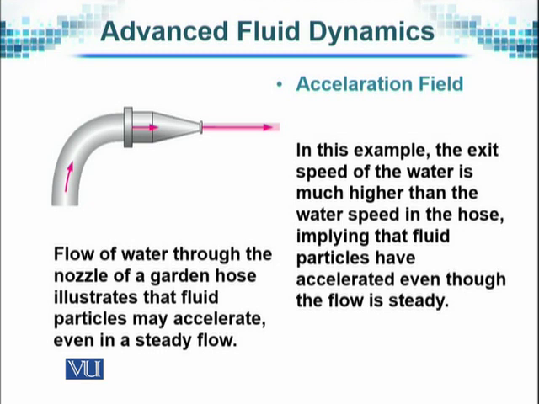The exit speed of the water is much higher than at the beginning, because whatever volume enters, its velocity will be such that the same volume is retained at the exit. That can only be compensated by increasing the speed at the exit, while at the inlet the speed will be lower.